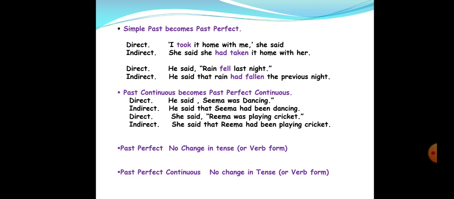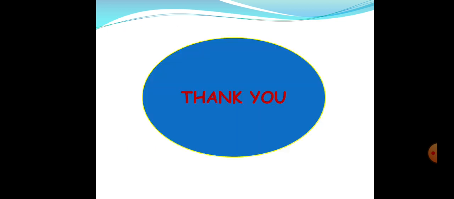In indirect speech, it becomes she said that Reema had been playing cricket. Then in past perfect, there is no change in tense or verb form. Keep this thing in mind. And past perfect continuous also, there is no change in tense or verb form.